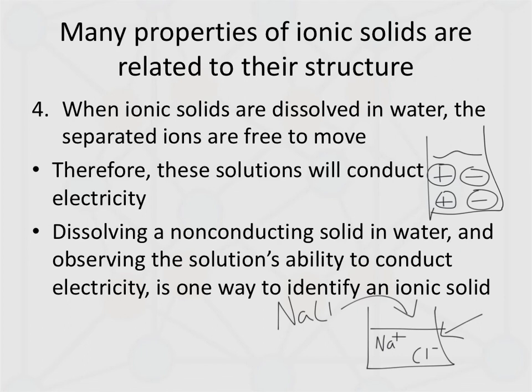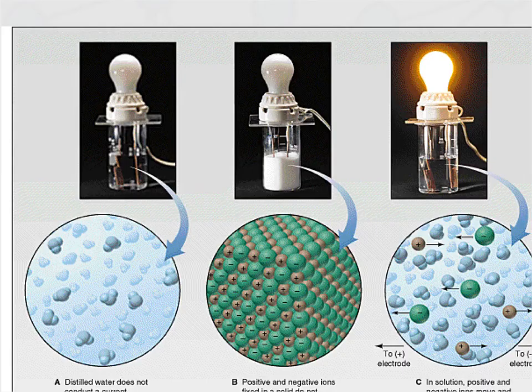This is a test that scientists will do a lot of times to see if something is ionic: they'll throw it in water and see if it conducts electricity. And here's just another picture, probably a little better, but you see that as a solid, you have all these little positive and negative ions.